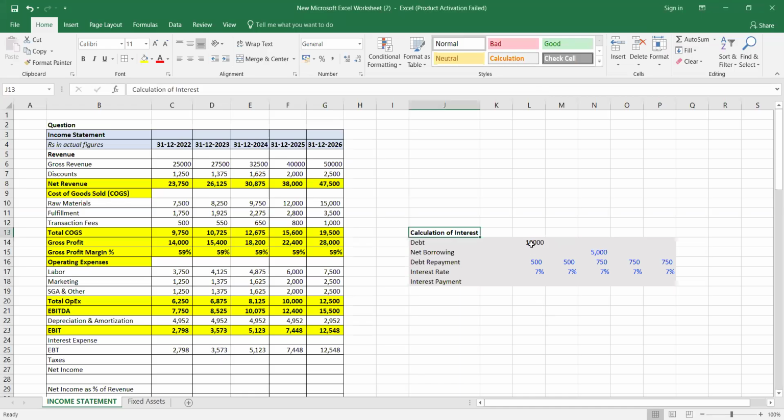See how you can calculate interest: they themselves would have given you the question saying that 10,000 is your debt in the first year. So they are repaying 500 every year. So after repayment, whatever the amount they get, we are going to calculate that only as our interest. Yes, interest payment, not debt payment, interest payment.